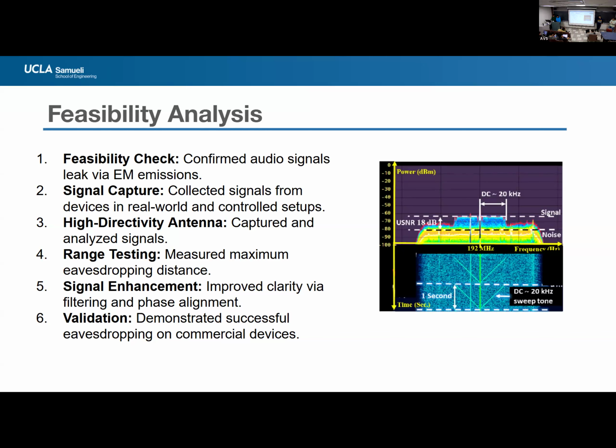And also the reconstruction of the signal based on signal processing techniques to improve phase alignment. Some of the methods that we use are adding additional filters to improve the clarity of the attack. And lastly, we validate the attack using realistic scenarios where the attacker can eavesdrop on conversations that are available without any form of tampering.